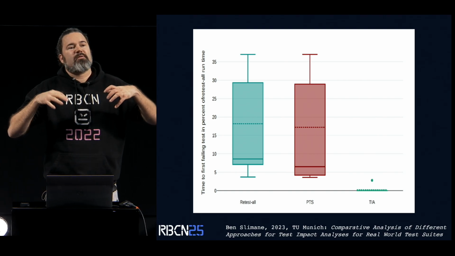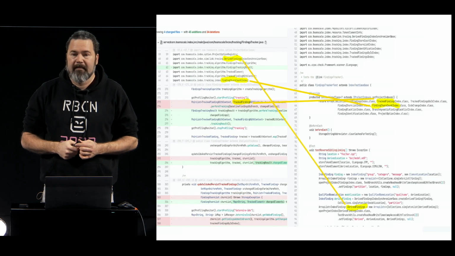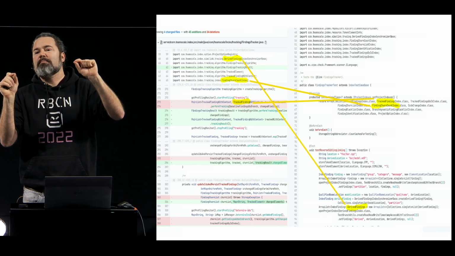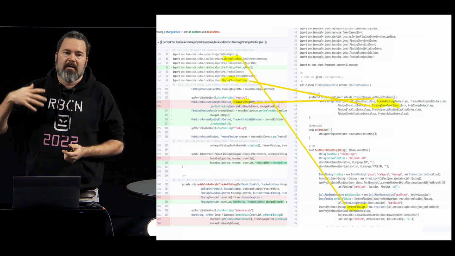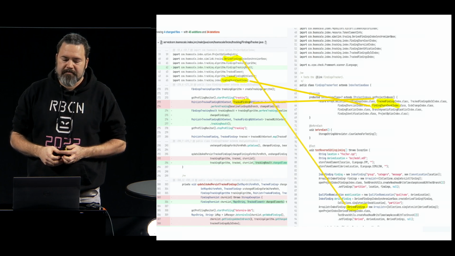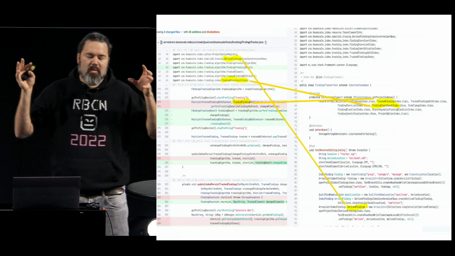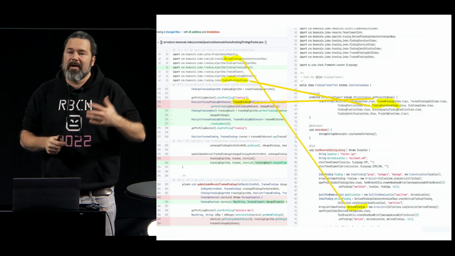So what we did was we fed it more information, including information about similarity between identifiers in code and in test cases. That's called information retrieval. It's a similar technology to search engines. And we had a machine learning model where we fed all that in, and it worked quite well.